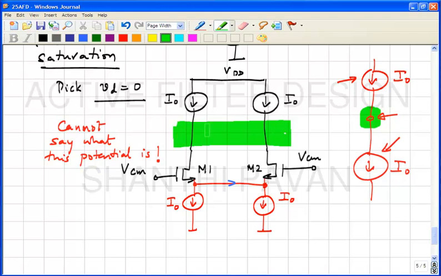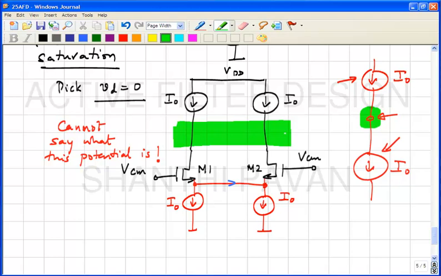I mean, these two potentials are the same. So the average of these two potentials is the same as the individual potentials. Correct? So if you didn't want to resort to this half circuit thing, what you could say was that if the sum of these two currents, the push up currents, was greater than 2I naught, then what will happen?